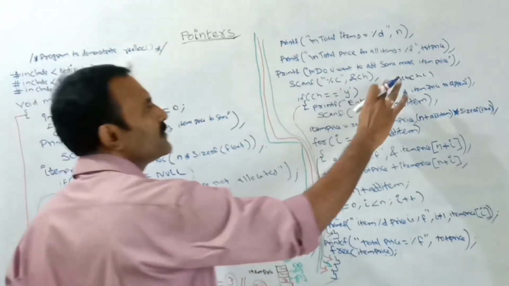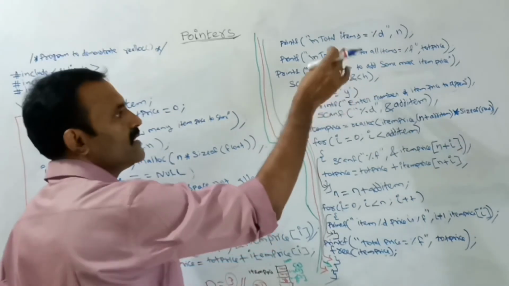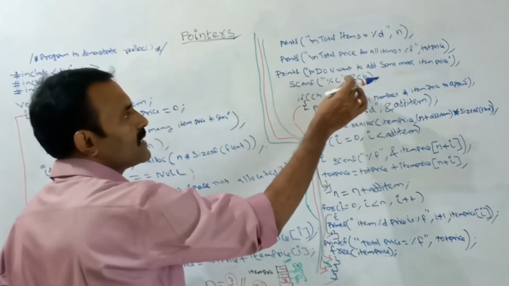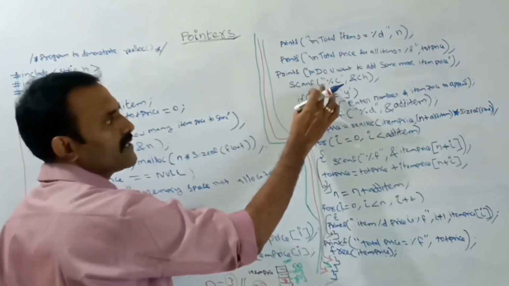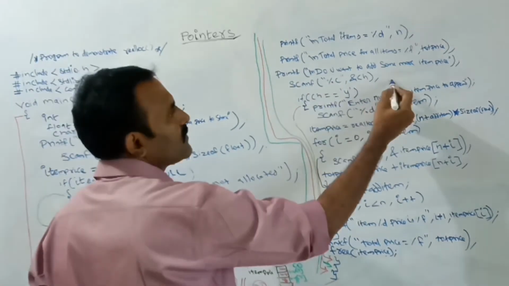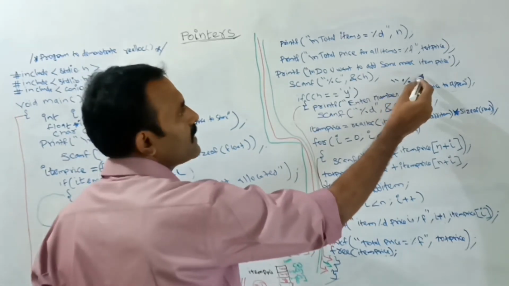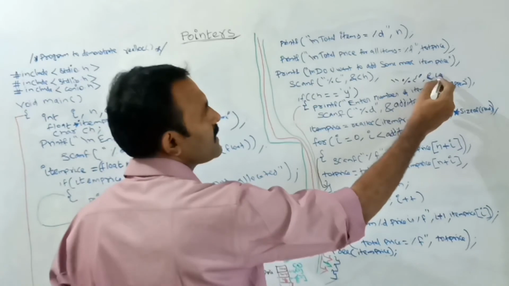Suppose you are using the scanf function to get the input into ch. Say scanf, then a space, then percentage c, then comma, ampersand of ch.